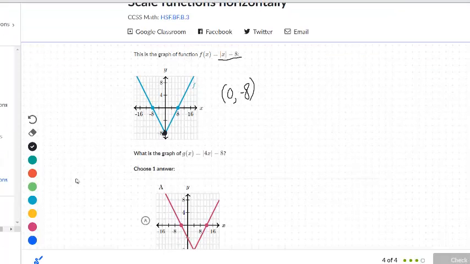The difference now that I'm seeing when I look at my next part is that I'm going from an x to a 4x. Normally making something 4 times bigger would make it think that we're 4 times wider. This is going to be 1/4 as wide.